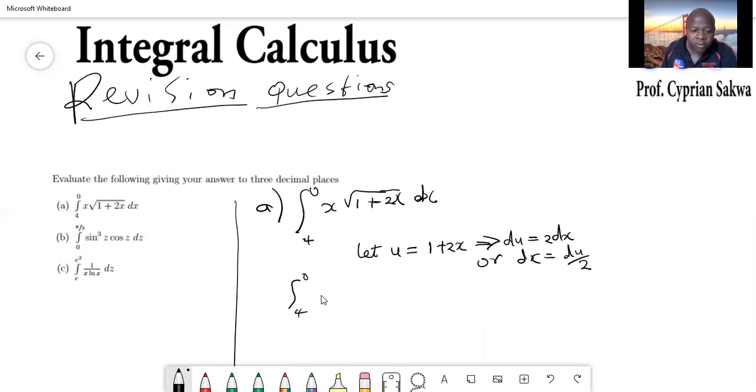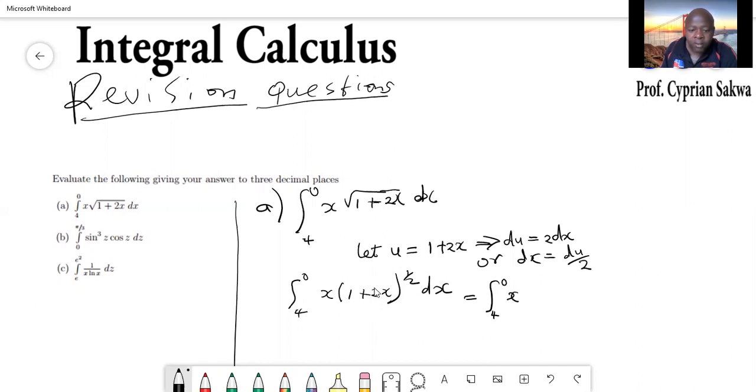So we substitute this in our equation here, but remember that our integral that we're given from 4 to 0 can be written as x multiplied by 1 plus 2x raised to a half dx. So when we substitute this dx inside here, what we would now have would be the integral from 4 to 0 of x.